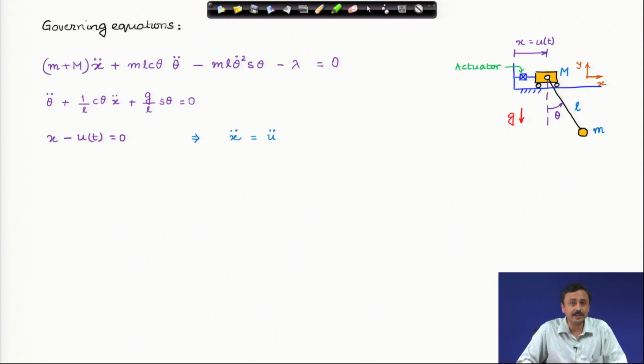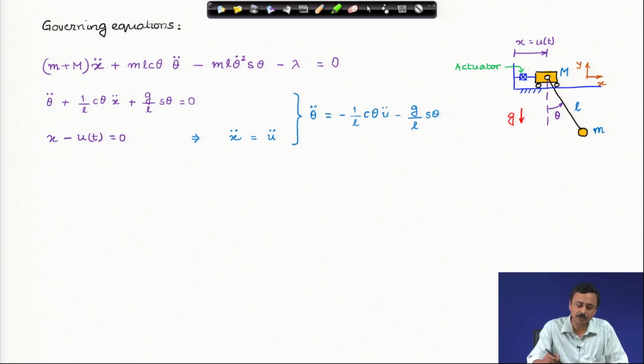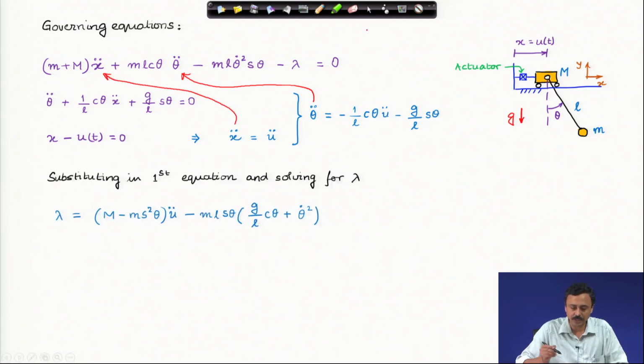I use the second equation of motion, the theta equation, to find out theta double dot, and now I will use this, as well as x double dot, in my first equation. And when I do that, I can solve for lambda, our Lagrange multiplier.